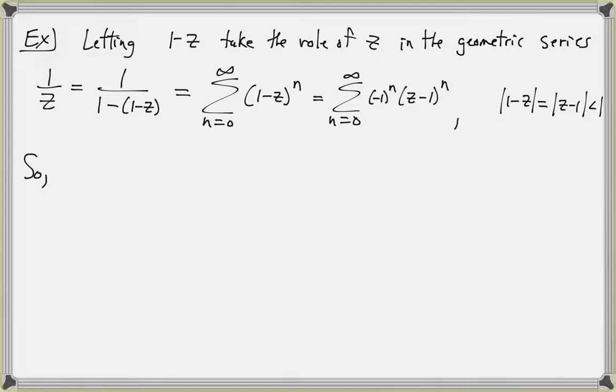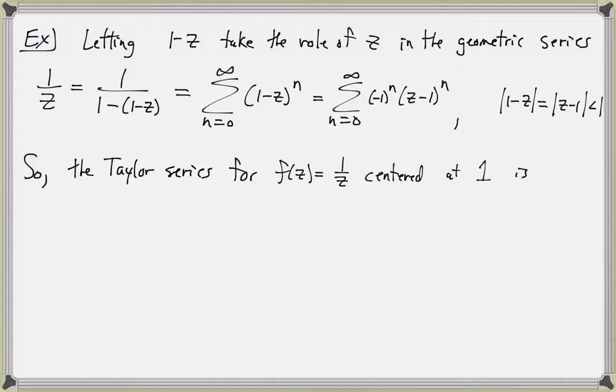So the Taylor series for f of z equals 1 over z centered at 1 is given by this series n equals 0 to infinity, negative 1 to the n times z minus 1, the quantity to the n, and again this is valid for z minus 1 absolute value less than 1.